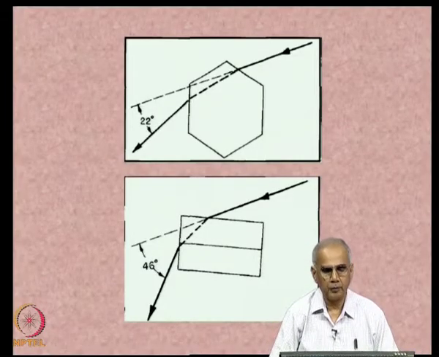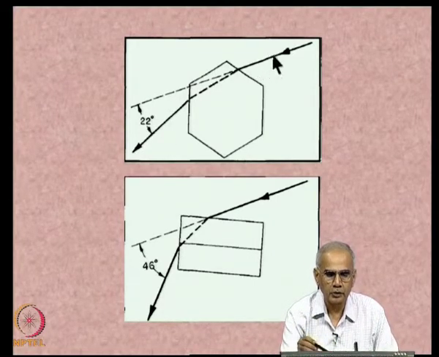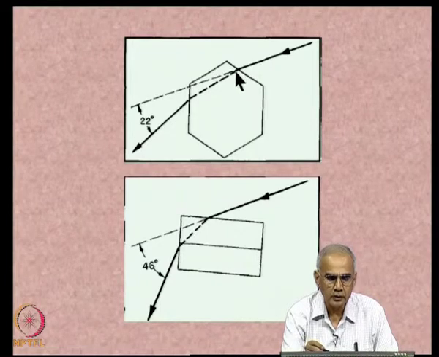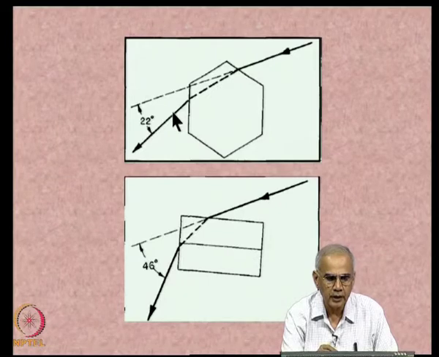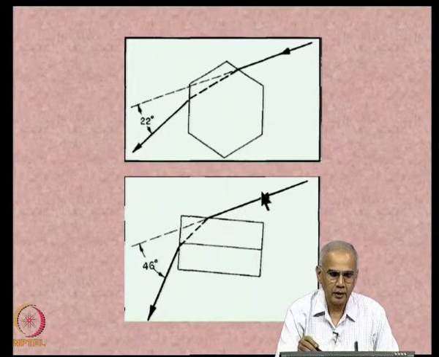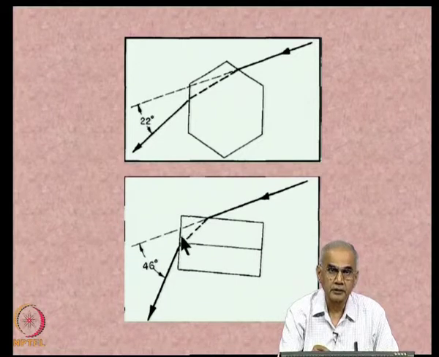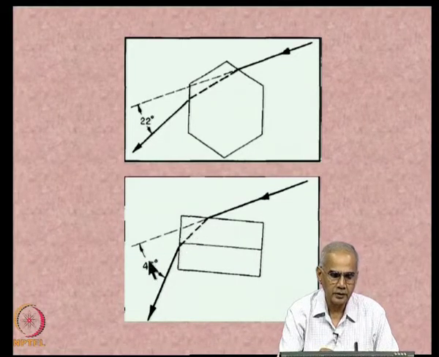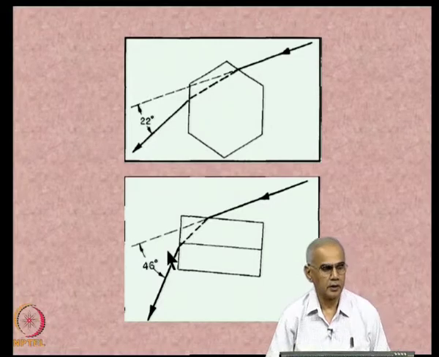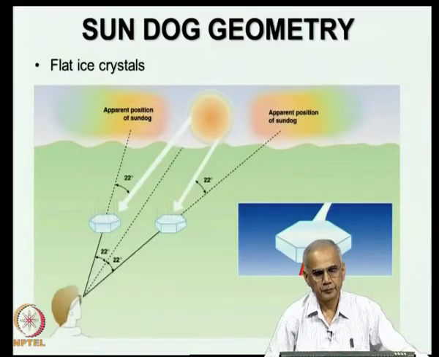And this is explained a little more distinctly in this picture, in which the 22-degree halo comes in because the rays enter one side of the hexagonal prism and exit to the other side, causing a 22-degree deflection, while the other one enters through the other side, but enters to the edge face, and here the angle is 46 degrees. So, all these are easy to explain based on laws of refraction.